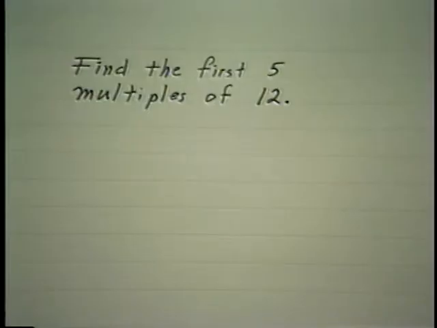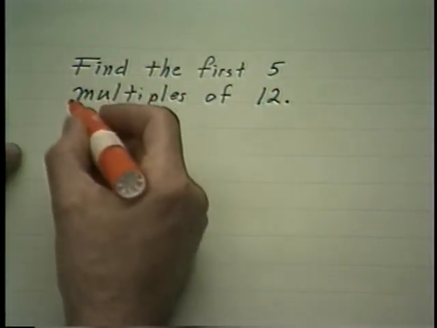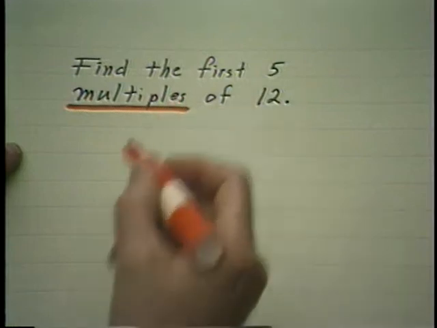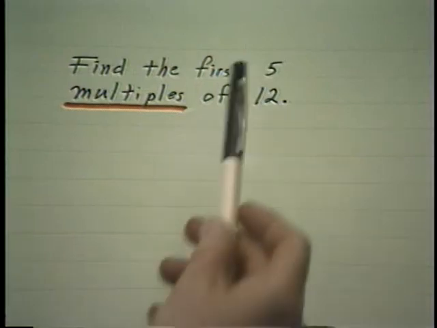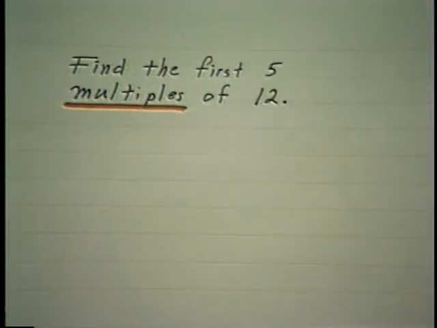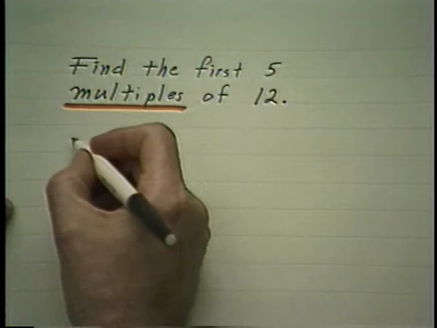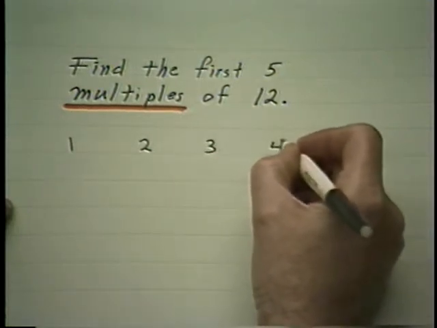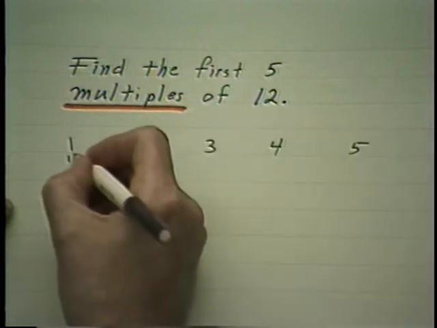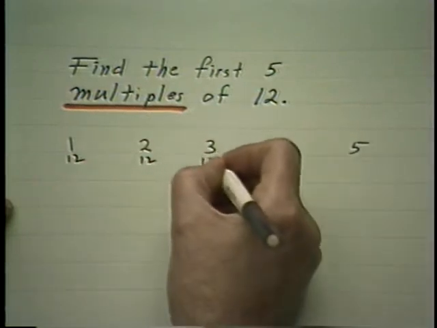So you see, the point of this lesson is very simple: to develop a very strong, clean feel for the use of the word multiple. So if we wished, in this case, to have the first 5 multiples of 12, then we simply list the first 5 counting numbers and multiply each one of them times 12.